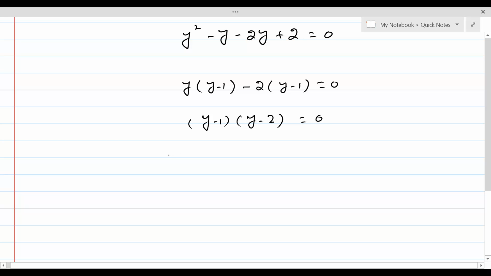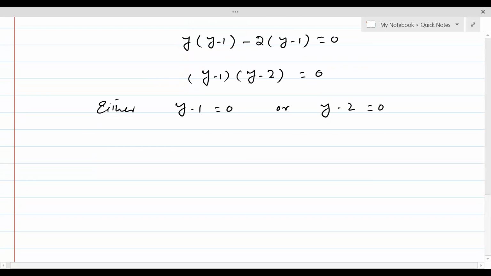So either y minus 1 is equal to 0 or y minus 2 is equal to 0. And here we get y is equal to 1, and here we get y is equal to 2. Don't forget that y was equal to x plus 1 over x.